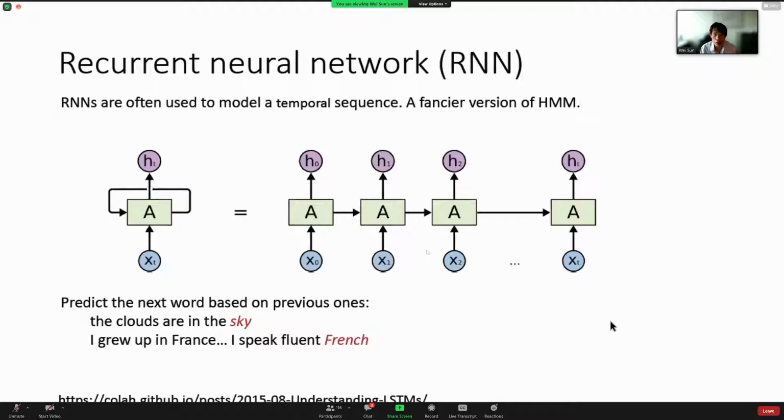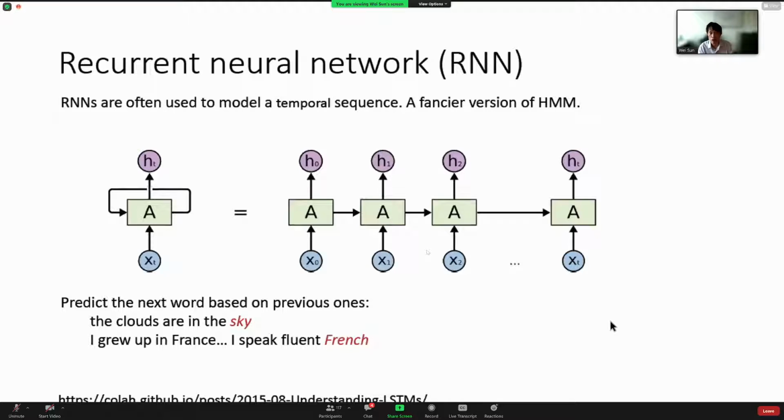Recurrent neural network is pretty popular in, say, natural language processing. It's particularly designed for sequence data. When I talk, the recurrent neural network can try to predict what is the next word I'm going to say based on all the things I already said. So you can understand the recurrent neural network as something like a fancy version of a hidden Markov model.